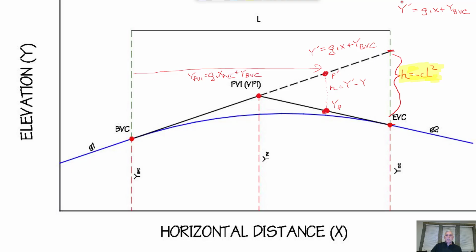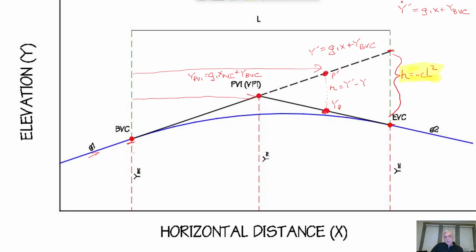Okay, so the elevation of the PVI is equal to G1, our incoming grade, times the horizontal distance here, plus y BVC, the elevation here.